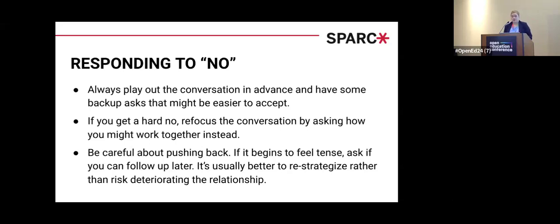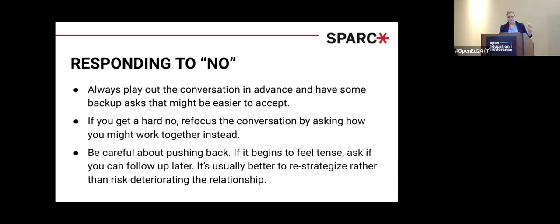If you get a hard no, you can go back to that pressure scale that I showed and determine how hard the no really is. But if it's very serious, you want to refocus the conversation by asking how you might work together instead. We want to maintain that relationship with that decision maker. That's the biggest thing. So working together, framing it in that way, like what is something that you would be interested to agree on.